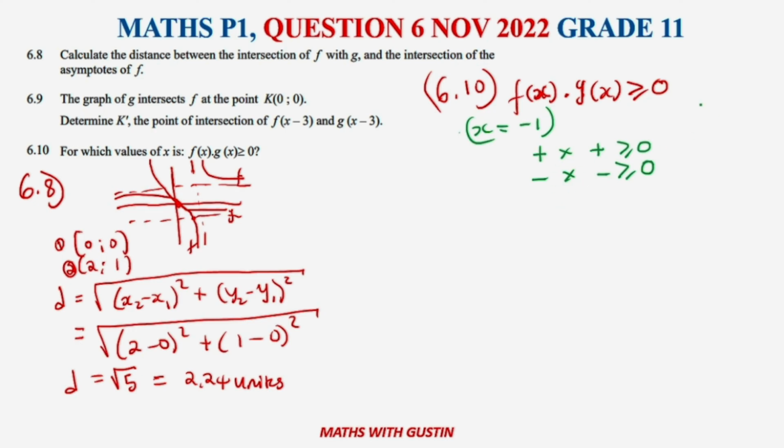Guys, please, this also applies if the question was f of x divided by g of x greater than 0. Even in this instance, at any given time in the graph, when you divide the two functions, a positive number divided by a positive number gives a positive answer, or a negative divided by a negative number gives a positive answer.